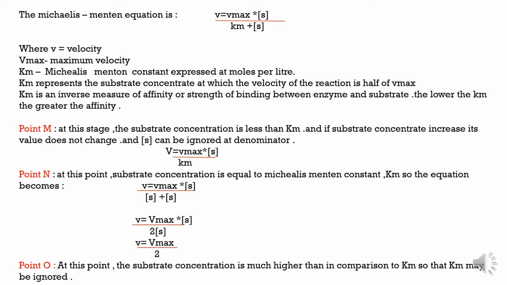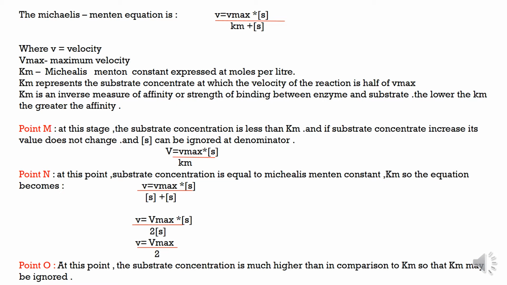The lower the Km, the greater the affinity. At point M, the substrate concentration is less than Km, so S can be ignored in the denominator, and V is equal to Vmax upon Km.